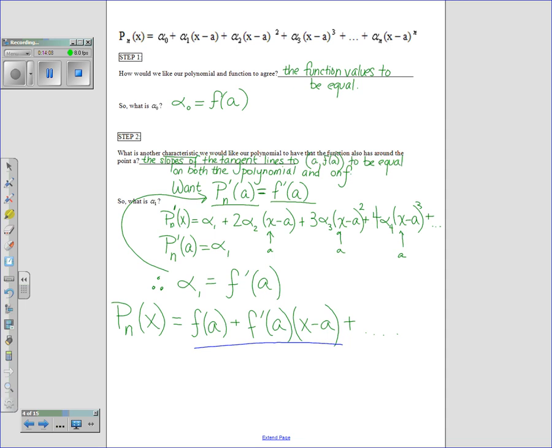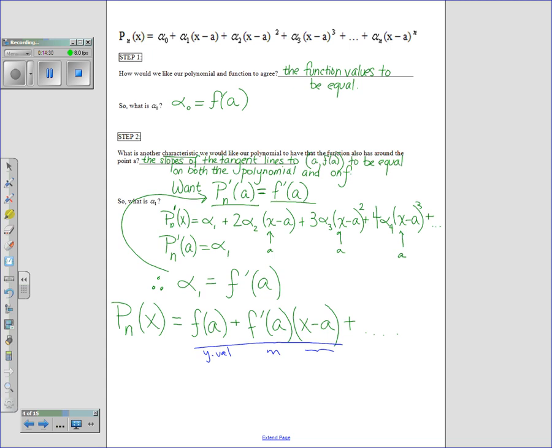You got it yet? I hope someone is thinking or saying to the class, wow, this thing looks like a line. It looks like a point slope form of the equation of a line. Here's the y value, right? Here's the change in x over here, and here's the slope, right?